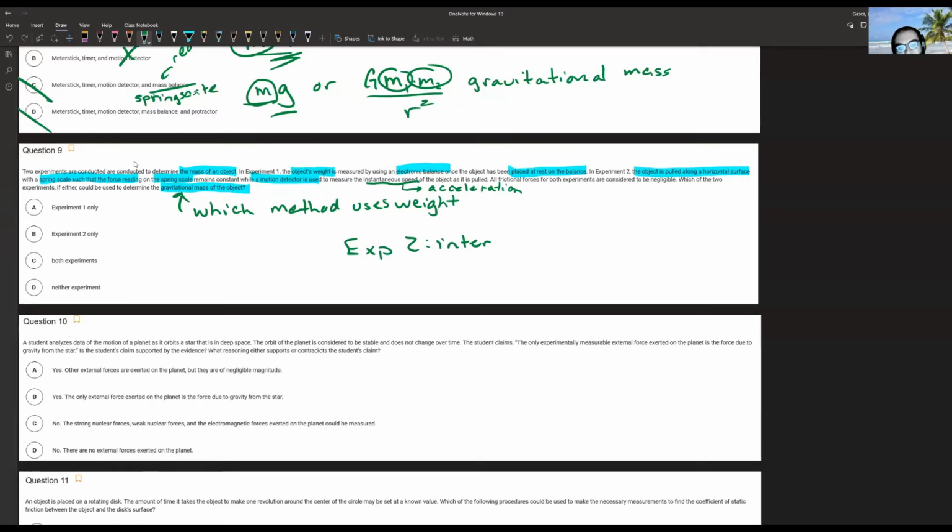It is the mass dealing with a force acting on it as it accelerates. It is the mass that accelerates. In experiment 1, we're dealing with the mass that experiences weight. And again, let me know if we have questions.